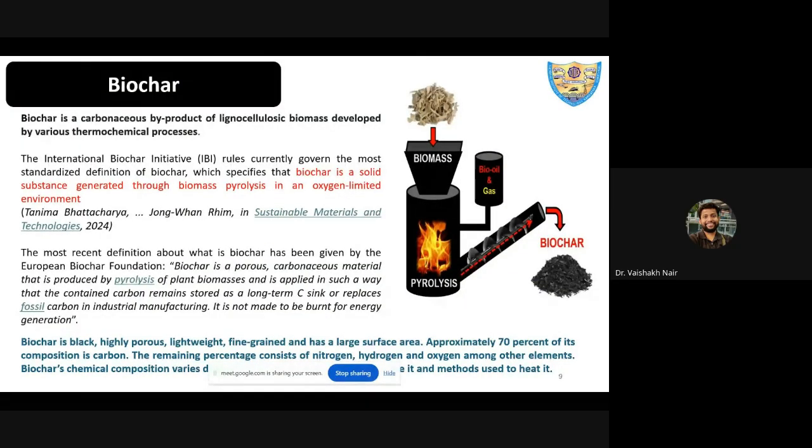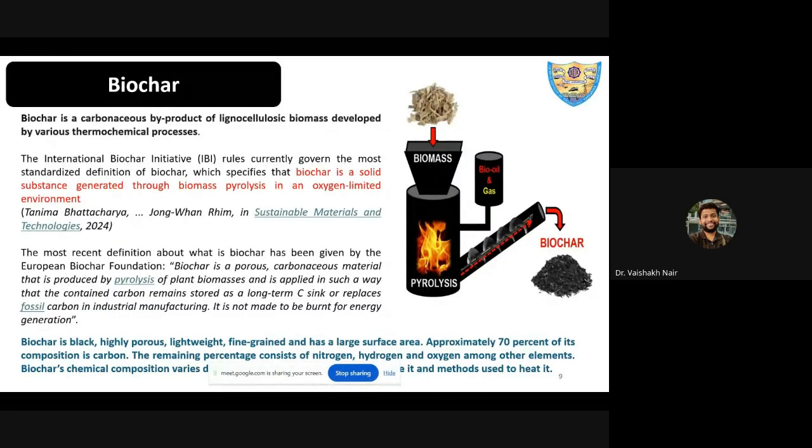So biochar is a carbonaceous byproduct of lignocellulosic biomass developed by various thermochemical processes. So generally any thermochemical method you see, that is gasification, pyrolysis, micropyrolysis, any methods, combustion also, you'll see some solid being formed, but generally that will be ash. But generally wherever there is a limited amount of air or absence of air, that thermochemical method will basically give you biochar.